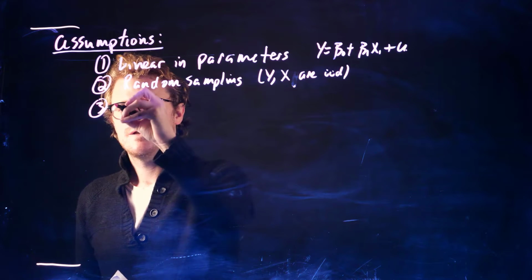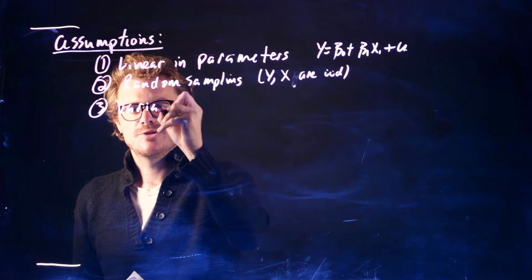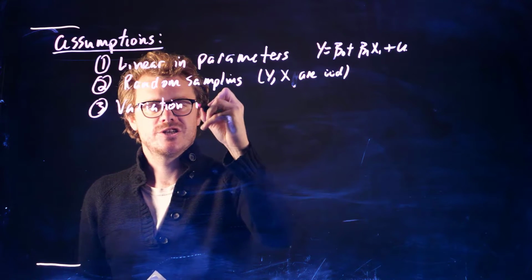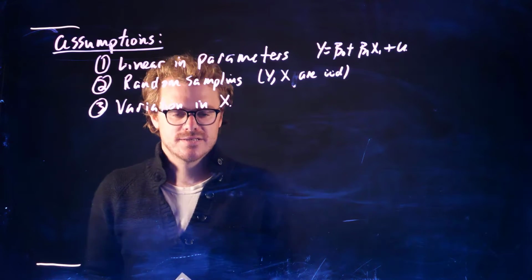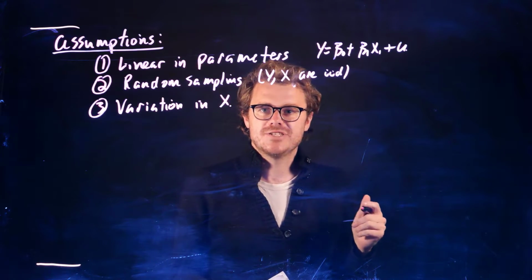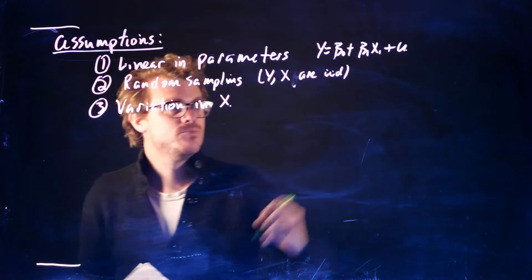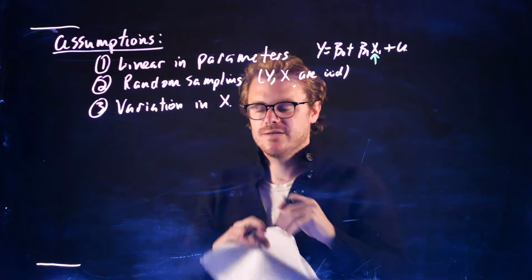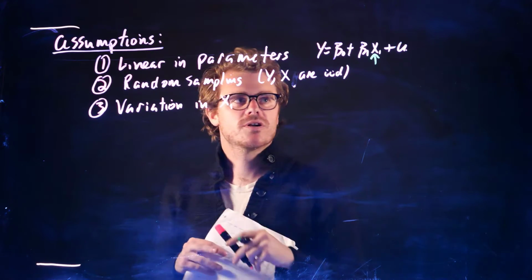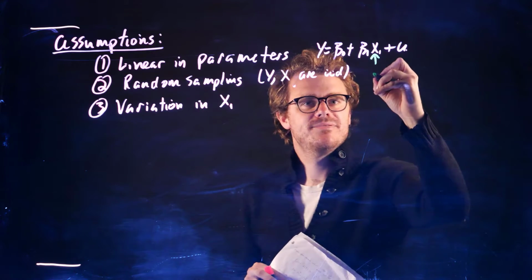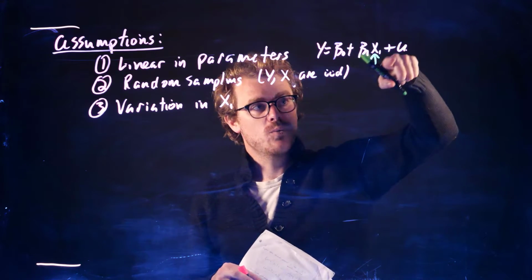The third assumption we're going to make is that there's some variation in X. Essentially, this X right here, maybe I'll put X1 to make it a little bit more clear, we can't have only one value.